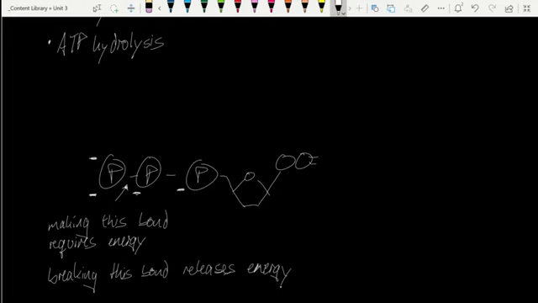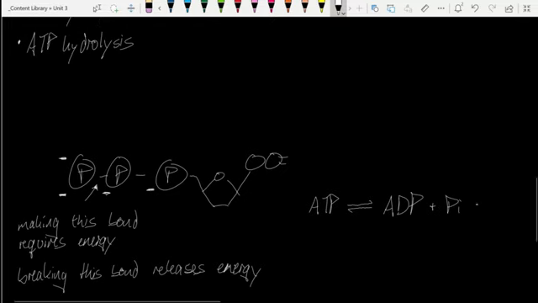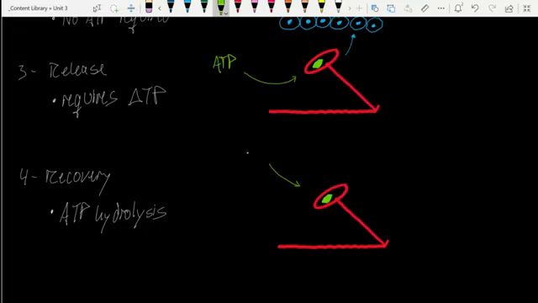And we can draw this out as a chemical equation where we have ATP being broken down into ADP plus the phosphate that was broken off, inorganic phosphate, plus energy. And it's this energy that we're going to use to reset the trap. So here's ATP.